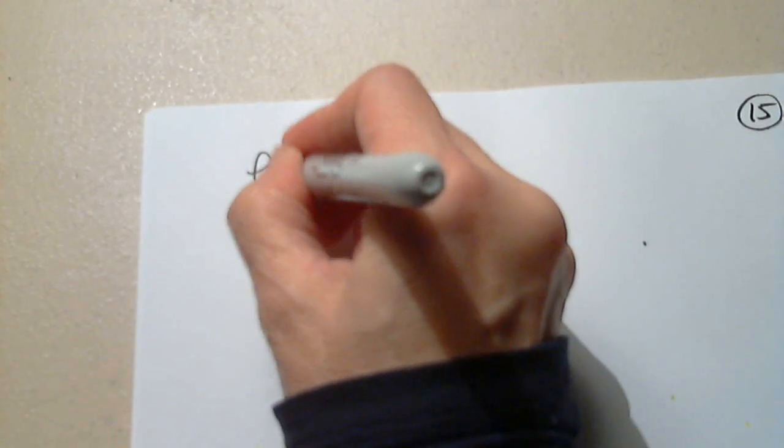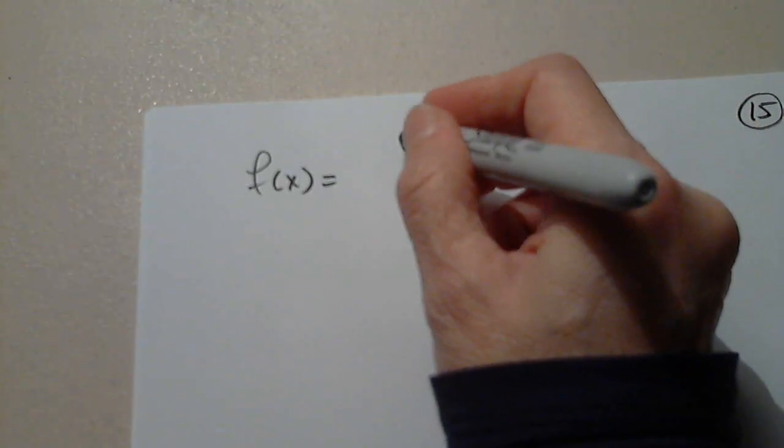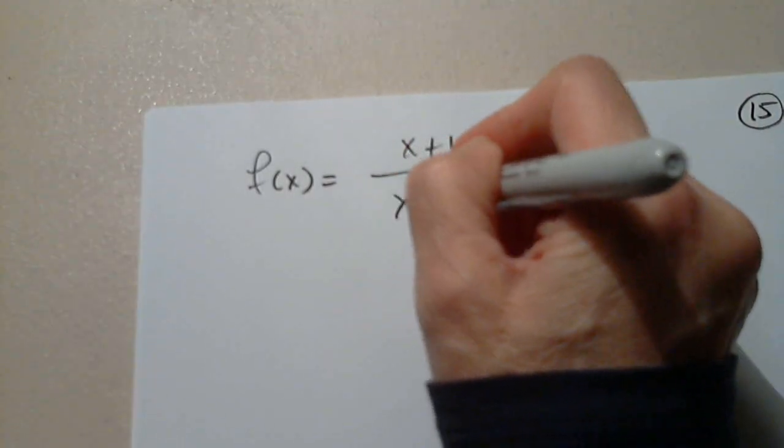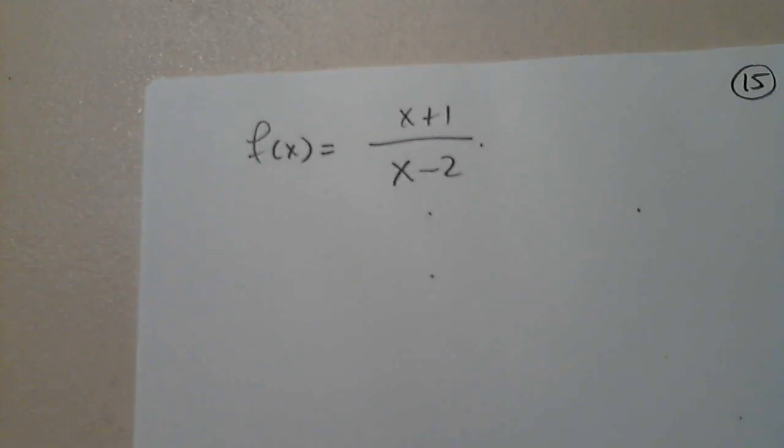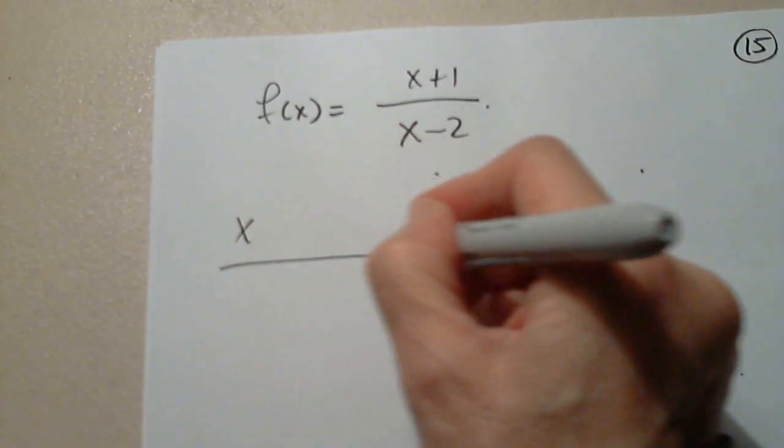Can we do a rational? Very good. So let's say we have x plus 1 over x minus 2. Good.